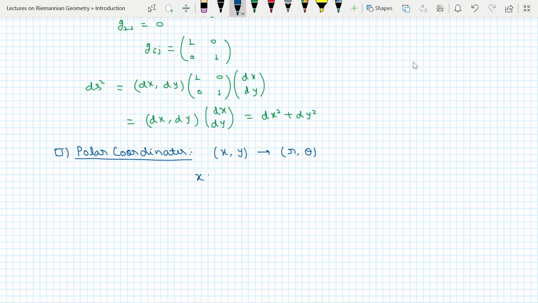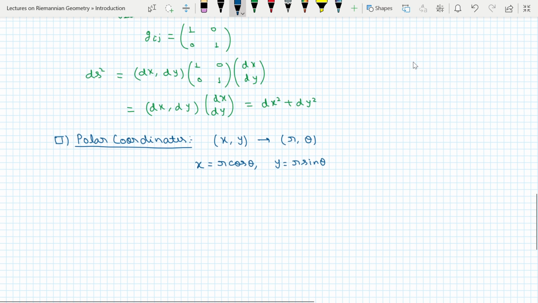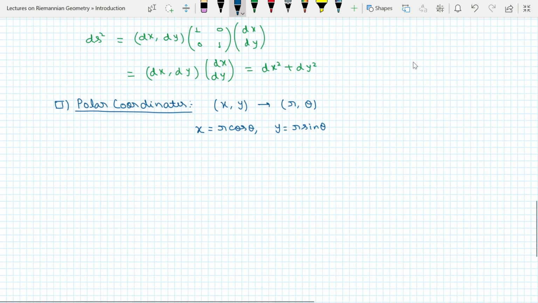Now we already know our parameterization, which is x equals r cos theta and y equals r sin theta, right? What we need now is the basis vectors del over del r and del over del theta using the information that we have here.